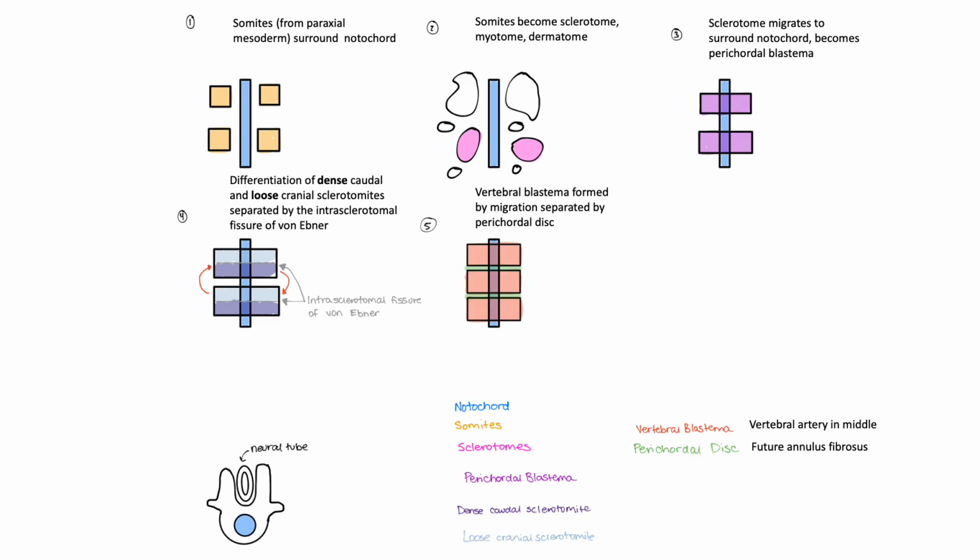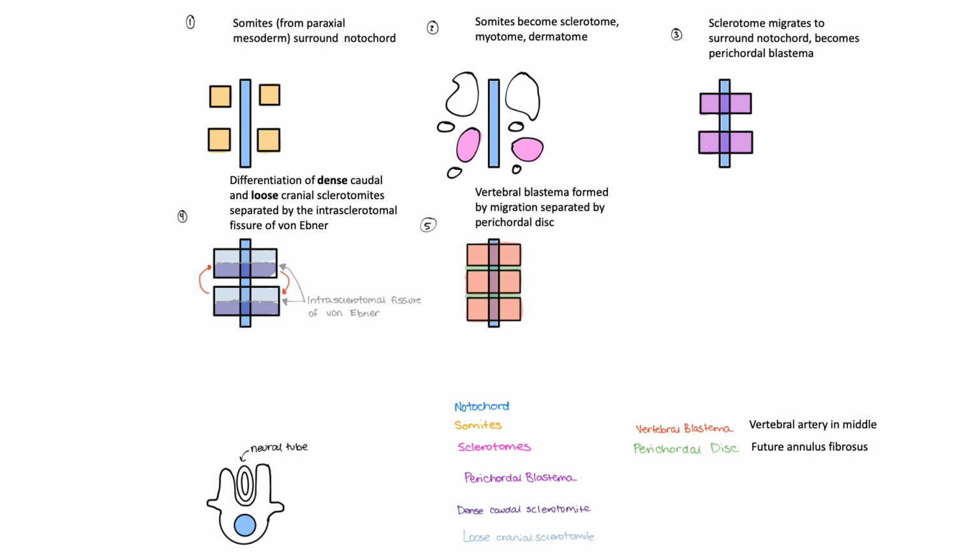All right, now we've got all of our steps. We've gotten here to the differentiation of the loose cranial and the dense caudal, and then there's a migration that occurs. So remember, dense is going to be heavy, it wants to sink. Loose is going to be light, it wants to rise, like a gas. Think of it that way. So our dense caudal sclerotomite migrates downward, and our loose cranial sclerotomite migrates upward. So these two, the middle two, that dark purple and that light blue, migrate and come together and become a more uniform cellular structure.